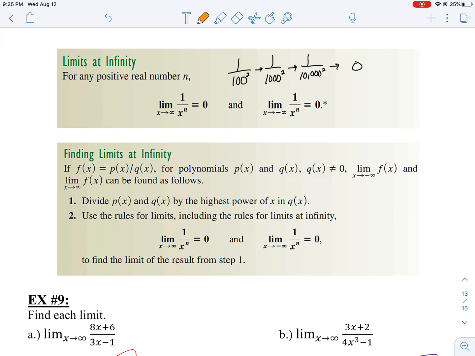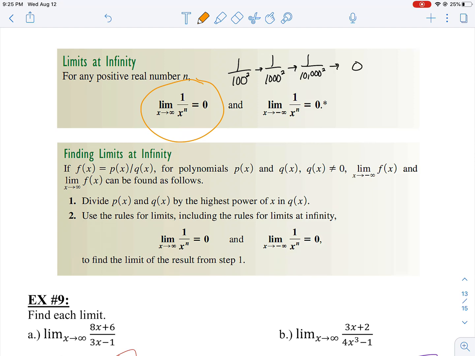Limits at infinity. There is a rule that says if I have the limit as x approaches infinity and I have a 1 in my numerator, and that numerator is always going to stay constant, but my denominator is going to be x to a certain power. As x gets bigger and bigger as it approaches infinity, what really happens with my fraction?